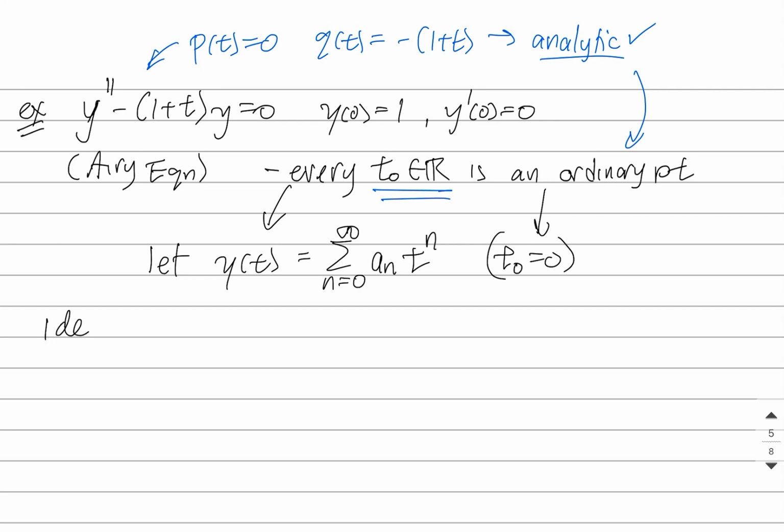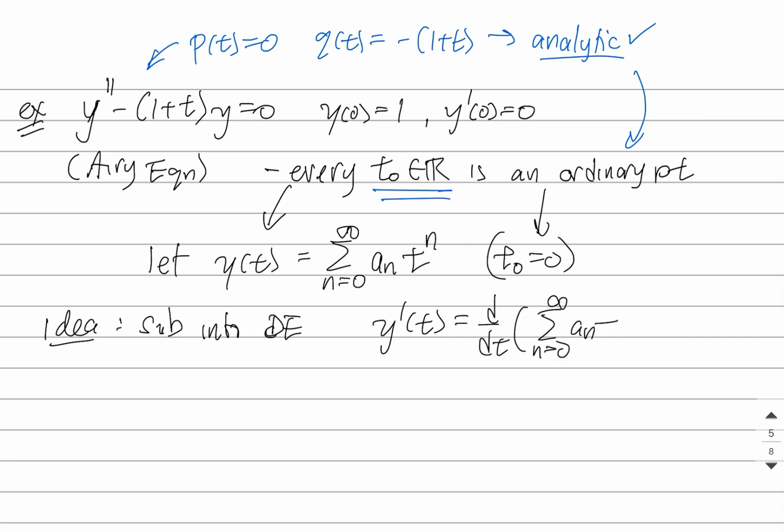So the idea here is that we're going to have to sub this into the DE. And to sub this into the DE, we need to differentiate. So we'll need the t derivative of this solution. Now, as I mentioned, we are going to assume that we have all the convergence we need, and that means that we can apply term-wise differentiation.